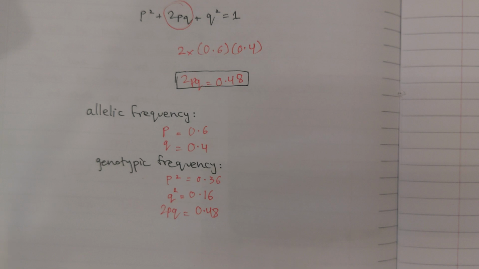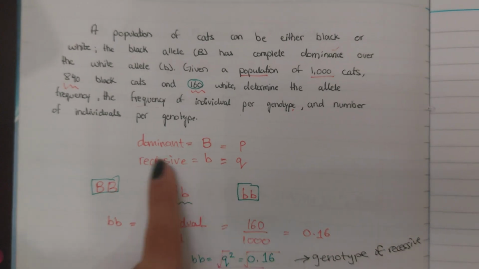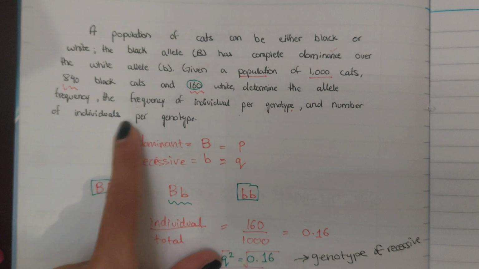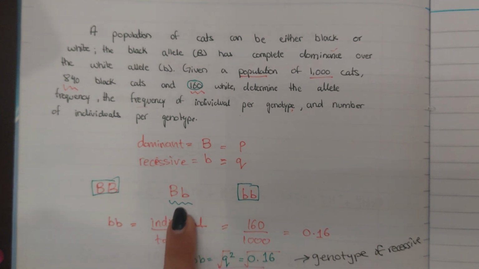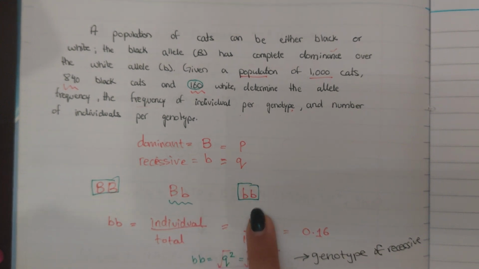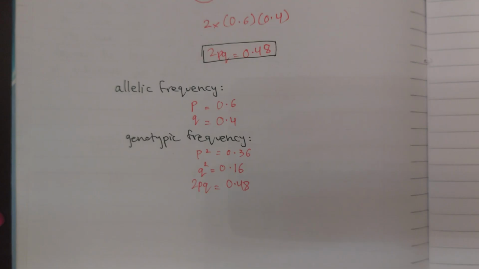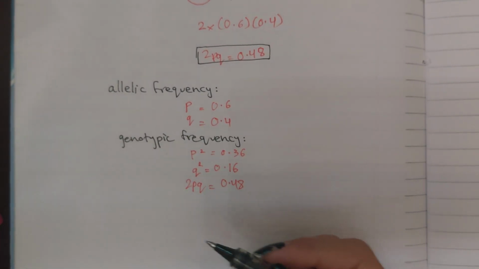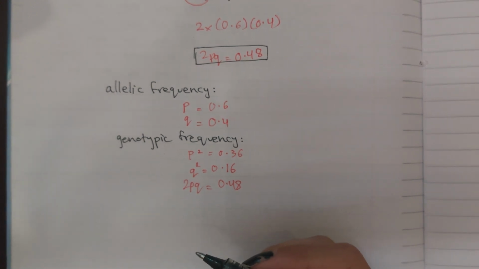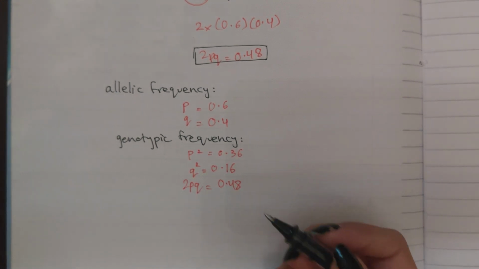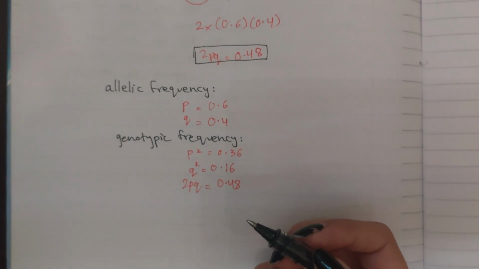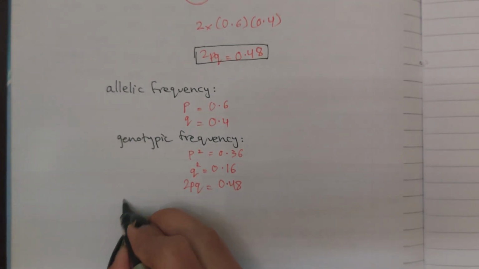So what's left? The last portion of the question asked for the number of individuals per genotype. So we have to tell them how many individuals were homozygous dominant, how many were heterozygous, and how many were homozygous recessive. We know that homozygous recessive individuals were the 160 white cats, but we're not sure how many cats were heterozygous and homozygous dominant.